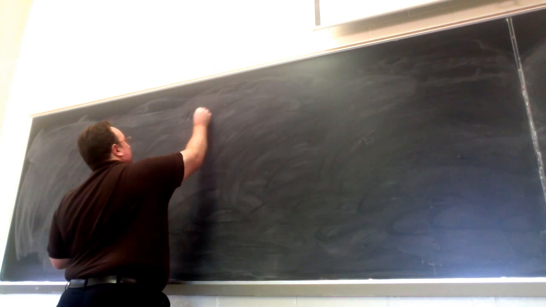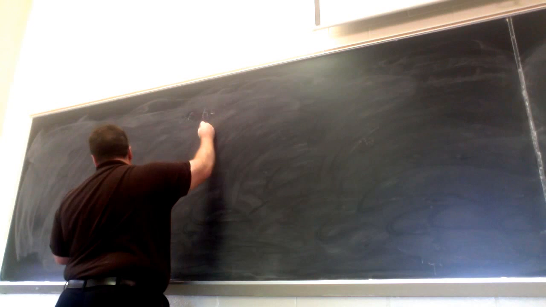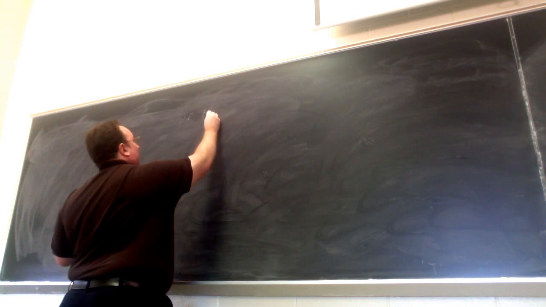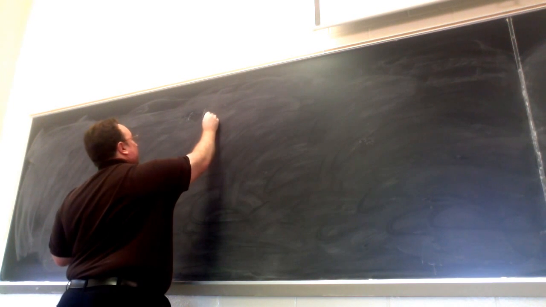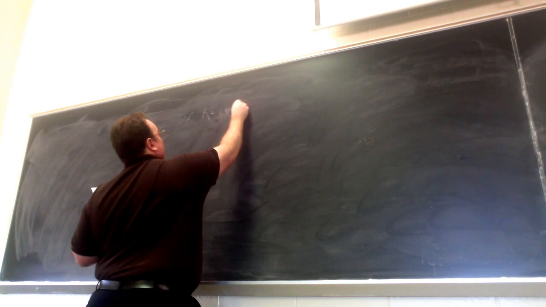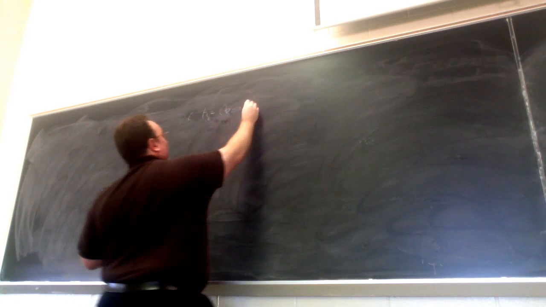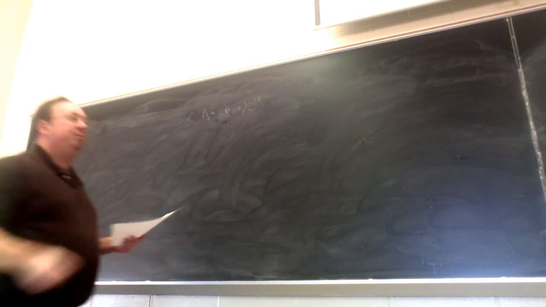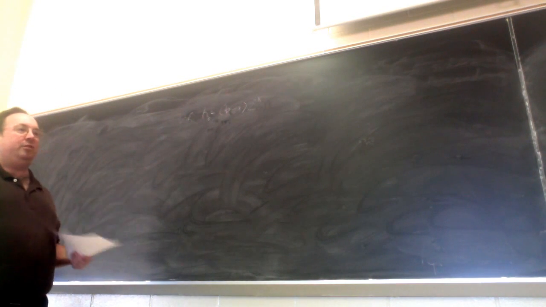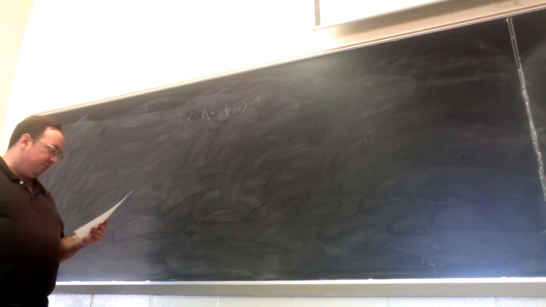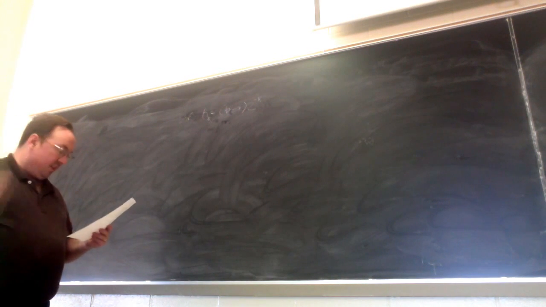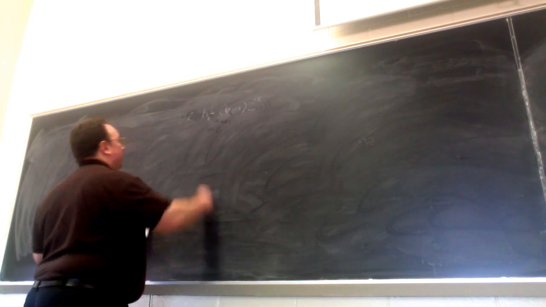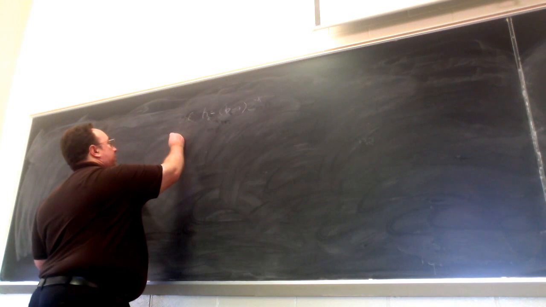So we use spacing, labeled as h sub k, equal to b minus a, the width of your interval, times 2 to the minus k. So your initial spacing would just be b minus a, then b minus a over 2, over 4, and so forth. So what we do is we compute the following.